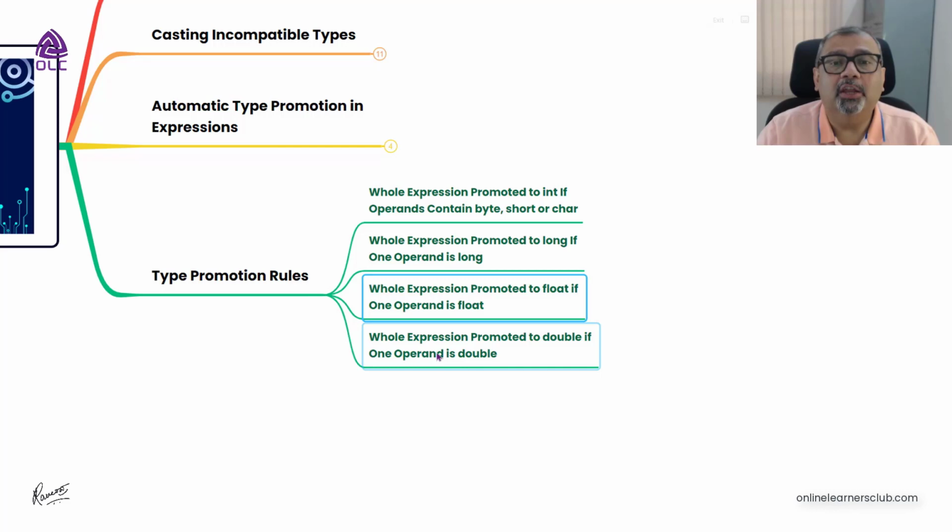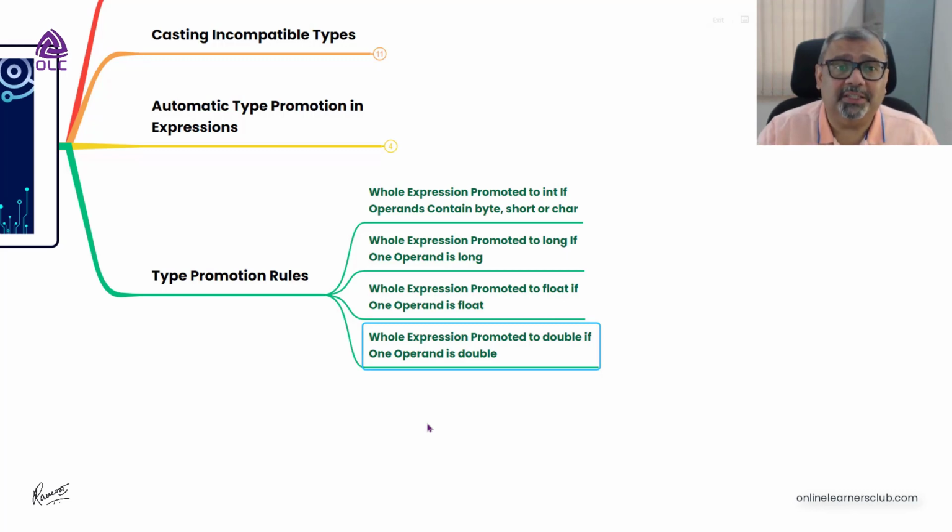Similarly, if you have a double in your expression, the whole expression is converted into double, even if only one of the operands is double. Which means Java looks at the different types that are there, finds the highest range among its operands, and considers that as the result of the promotion. That's the basic behavior we see in Java.